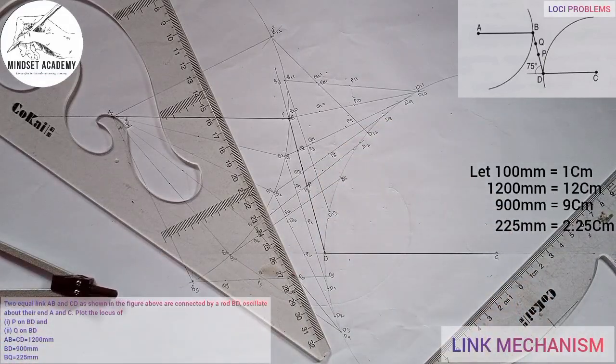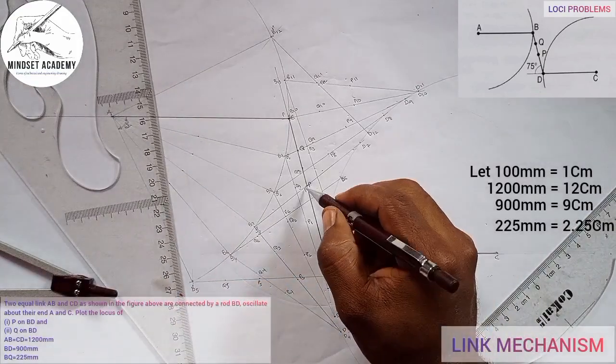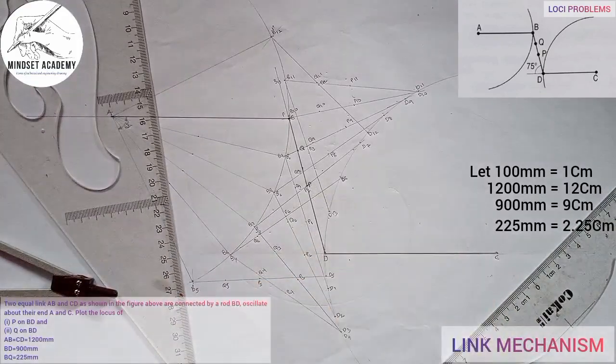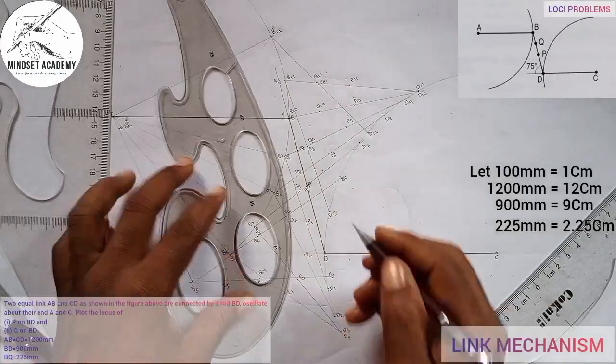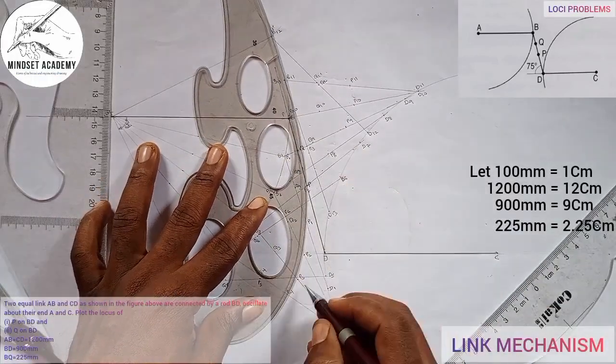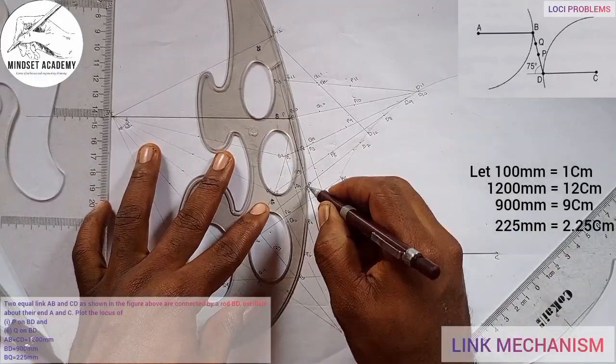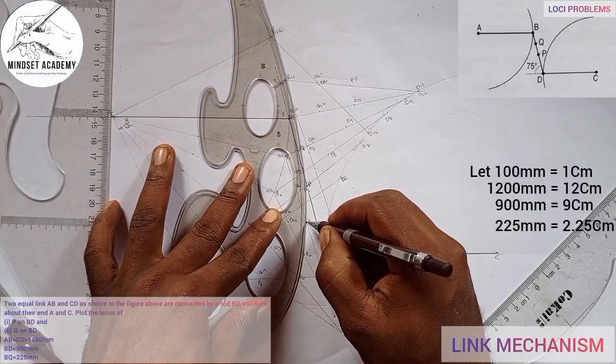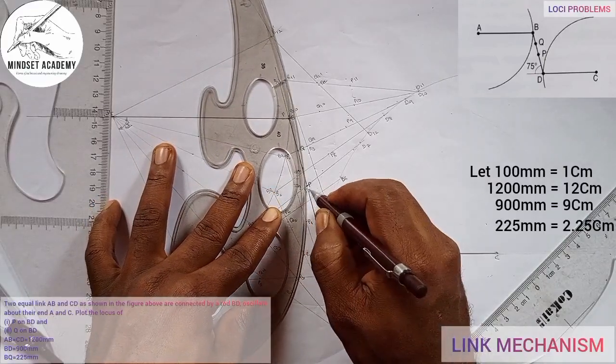So you now take your French curve, or you can use your hand, and you start joining all the points of P. This is P here, and if I use this French curve I have here, I'll start joining all the P first of all. So this is P here and this another P here. So I'm going to join them together like this.